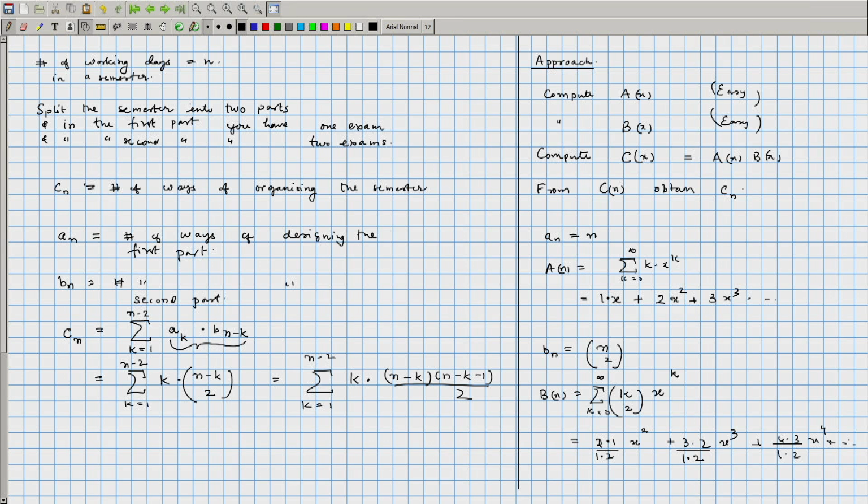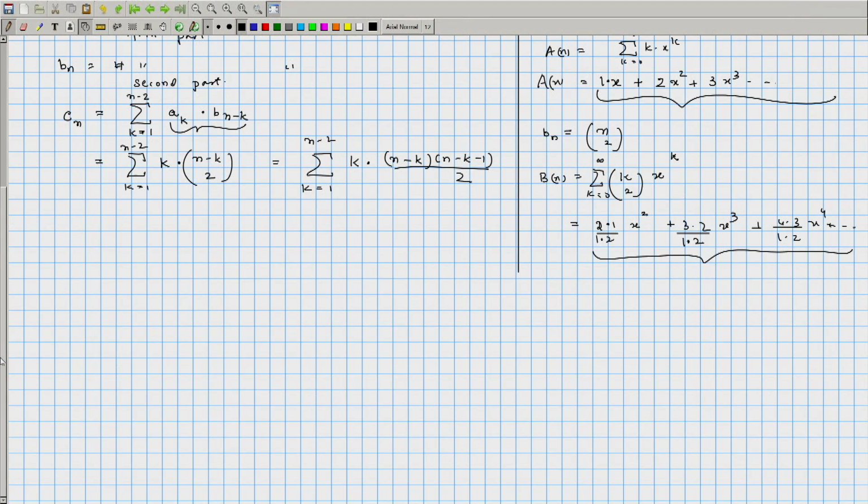Okay. So, for these expressions we need to somehow obtain a nice closed form solution, and that is what we will do.